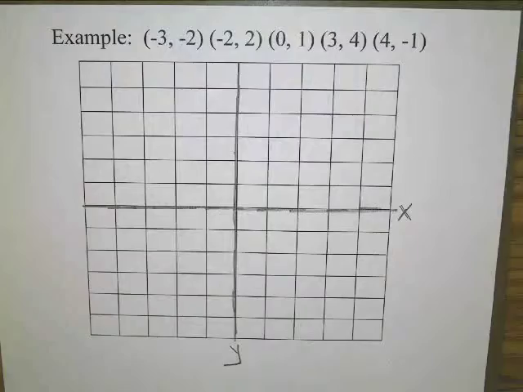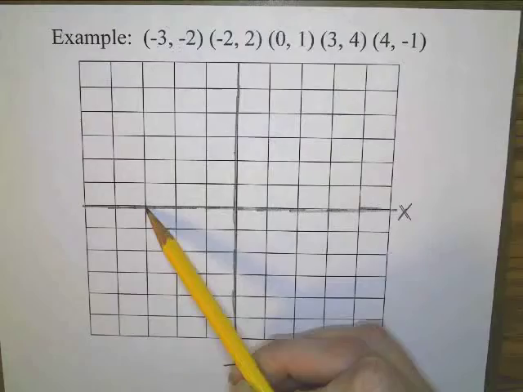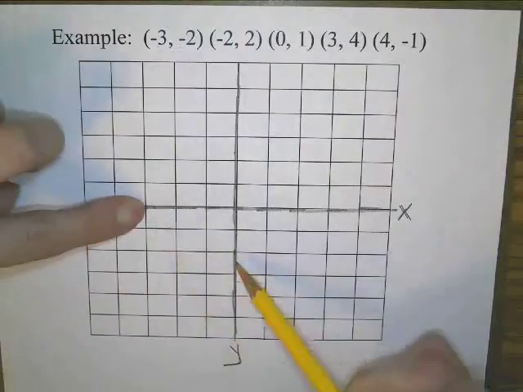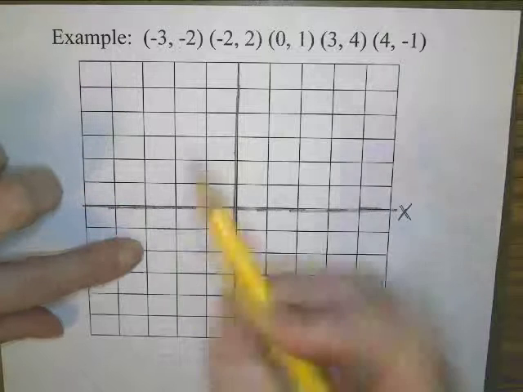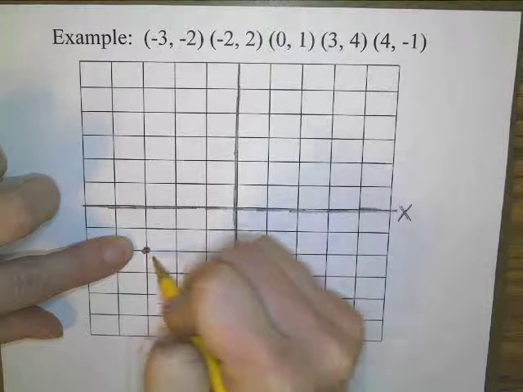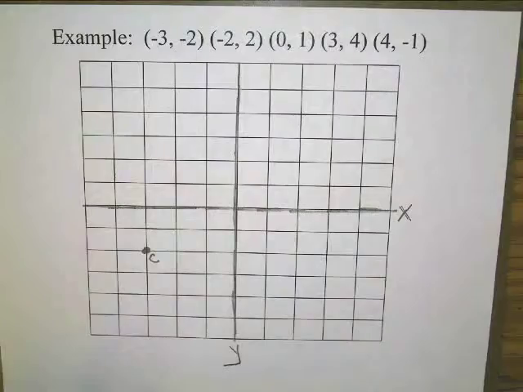Okay? And then we draw them together, so they have to meet. So put your finger on the -3. Put your finger on the -2. Move them together, and there's our point. Does that make sense? So here's the -3. Here's the -2. When we draw them together, this is our point. And we're going to call this C for Connie.